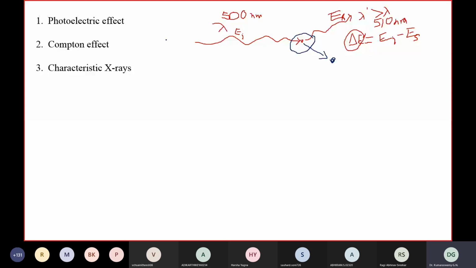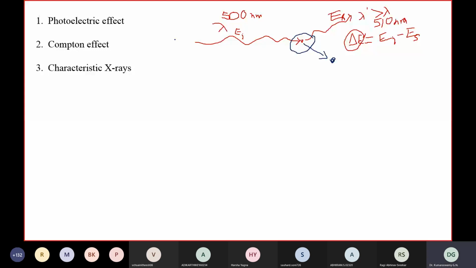If an electron needs 5 electron volt to come out of the material, we need light rays of energy at least 5 electron volt. Any light ray less than 5 electron volt will not cause electrons to come out. That means the continuous deposition of energy is not helping in this particular phenomenon.